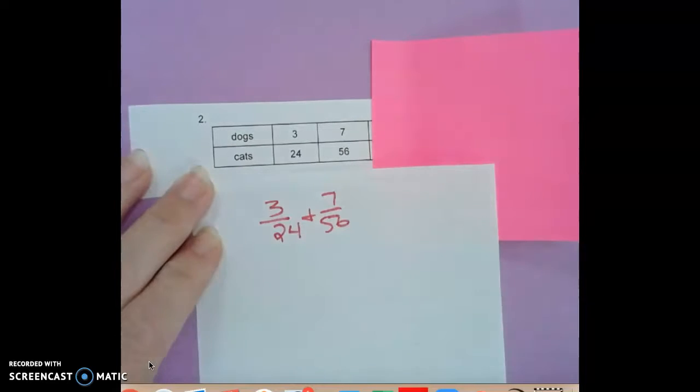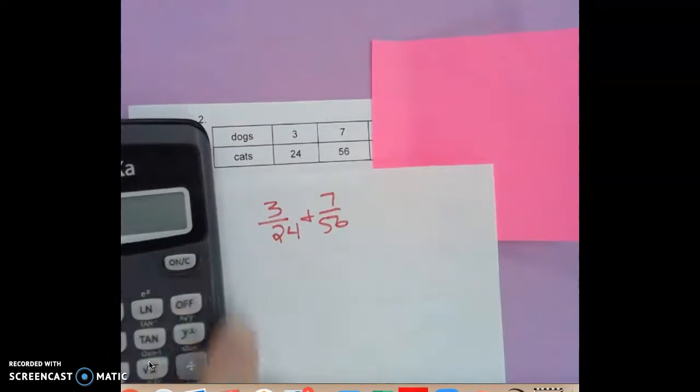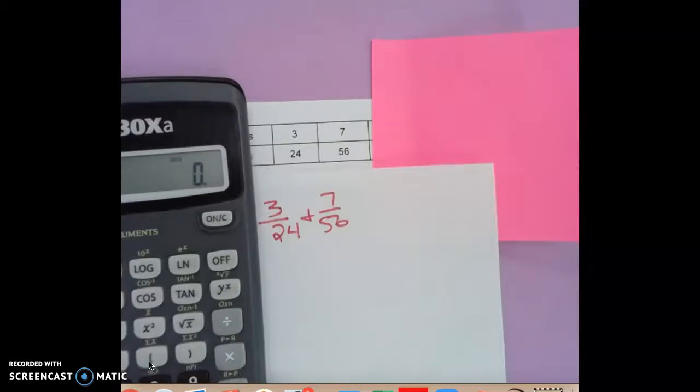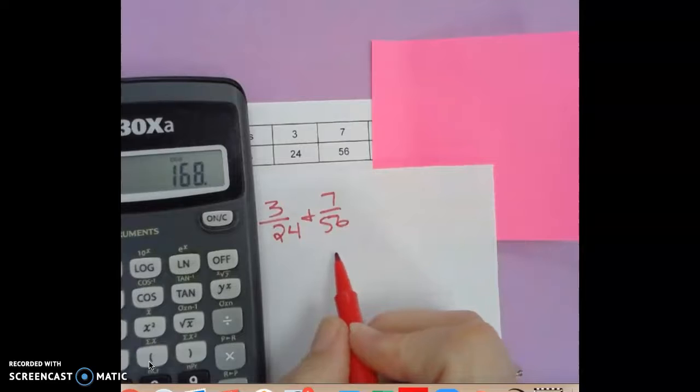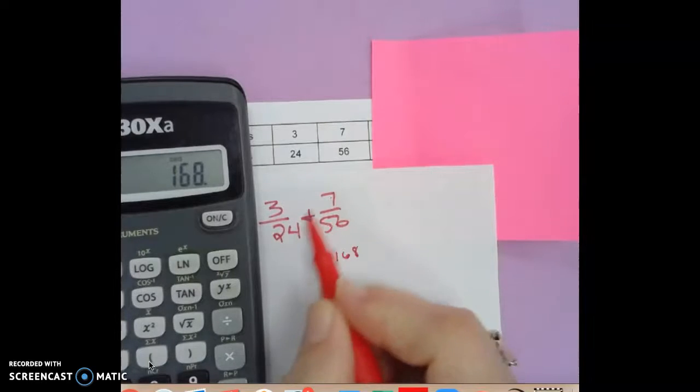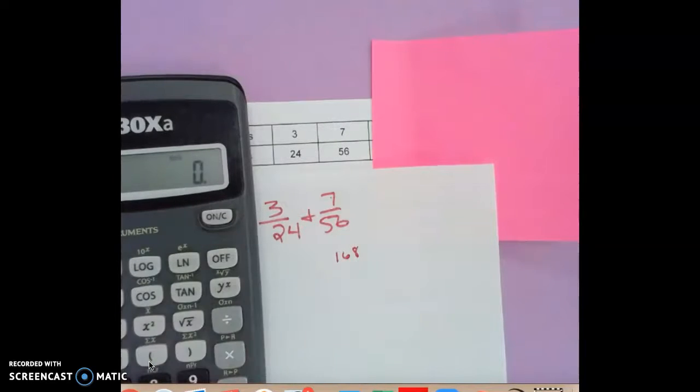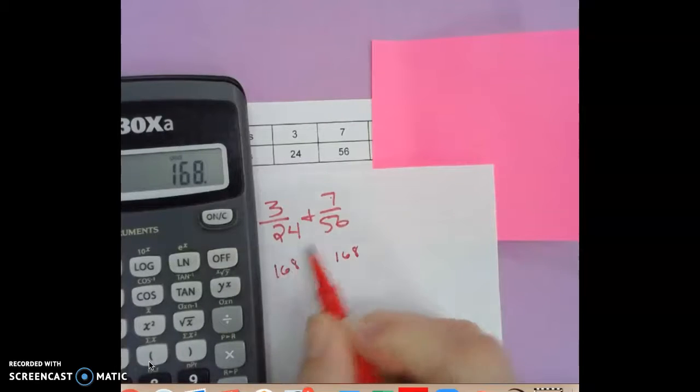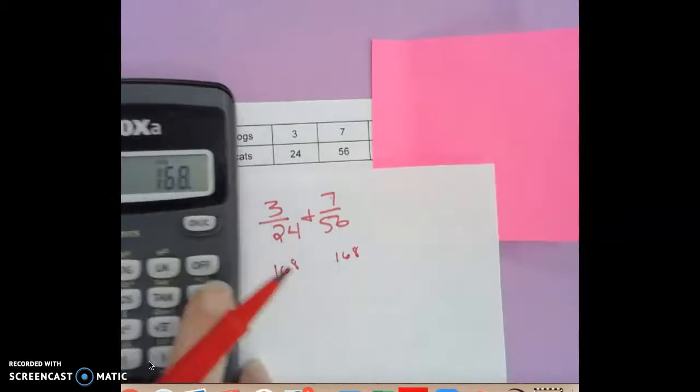I can find my calculator here. So if I do 3 times 56, that's 168. And then I'm going to do 24 times 7. And that's 168. So that part is proportional.